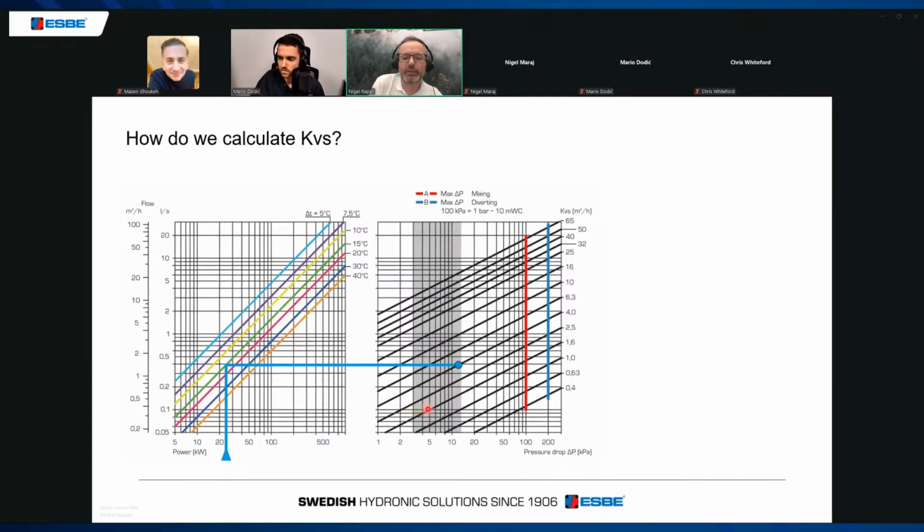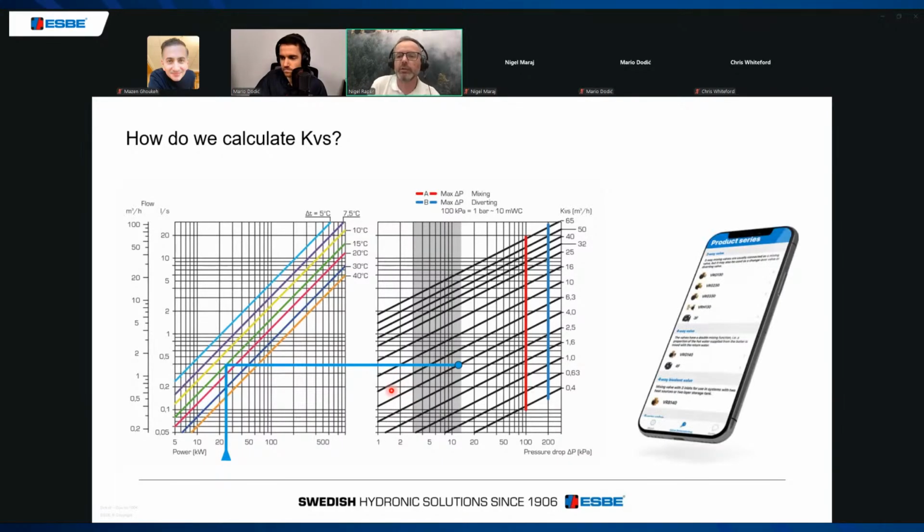We'll see there's two black lines intersecting: one which is a 1.6 kVS, and one which is a 1.0 kVS valve. So we know we can use either of those. It's best practice to choose the smallest kVS valve. So that's the more difficult way of doing it.